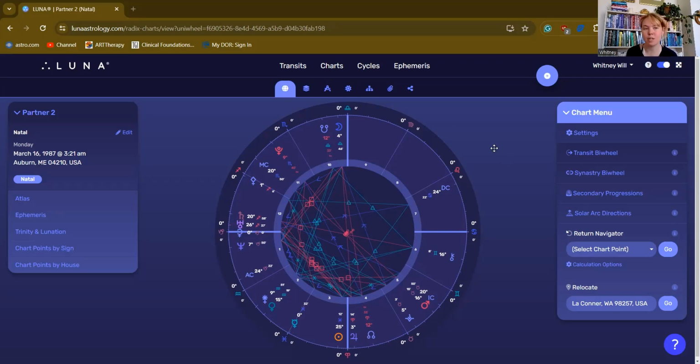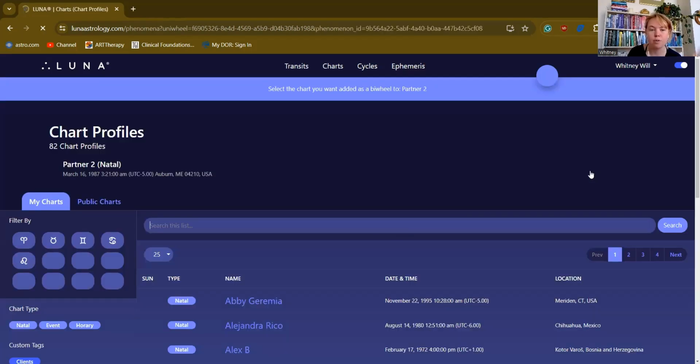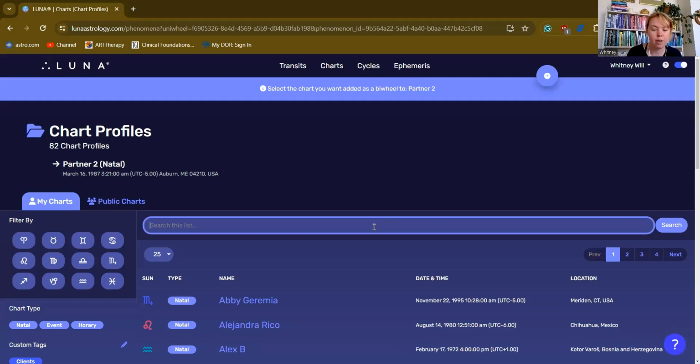Okay, for this explanation, I am going to be looking at two different charts. I just plucked them from the ether. They are not based on a real relationship. Any resemblance to any real partnerships is accidental. So we have partner two's chart, and in this Luna astrology software, we can add another chart by asking for a synastry biwheel.